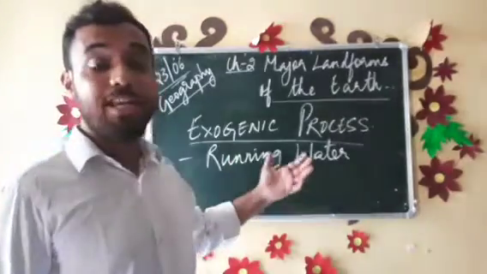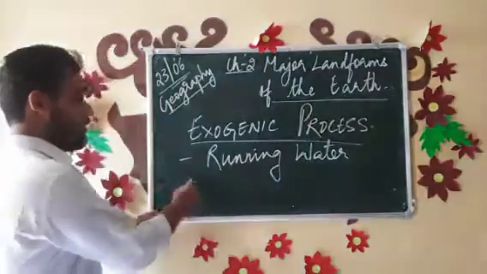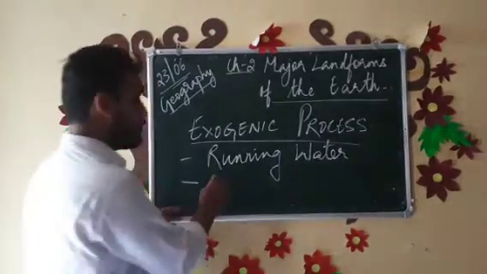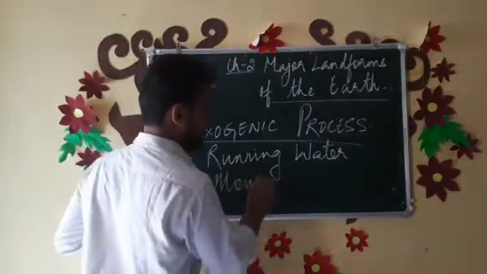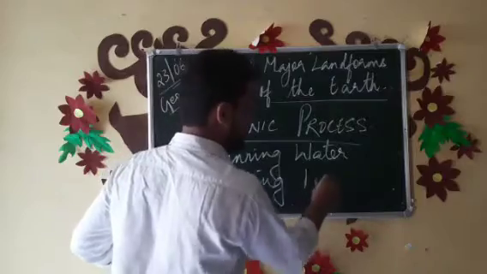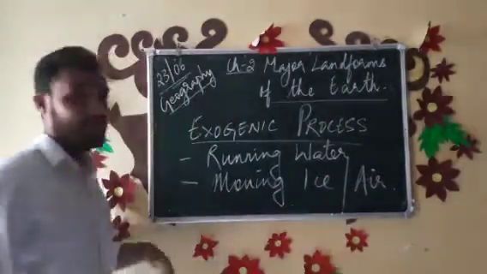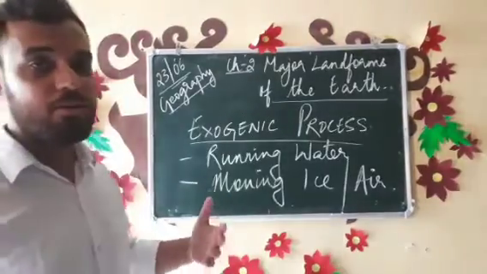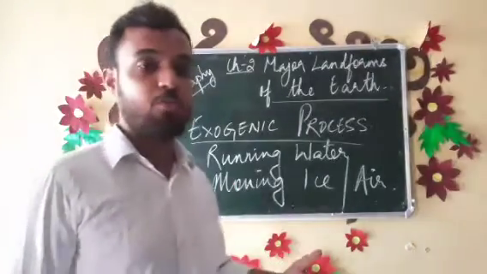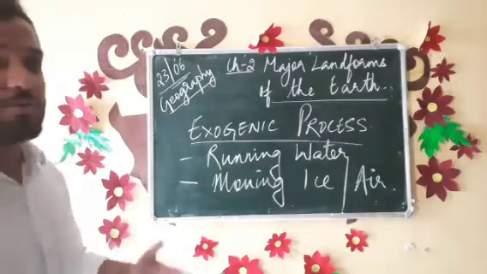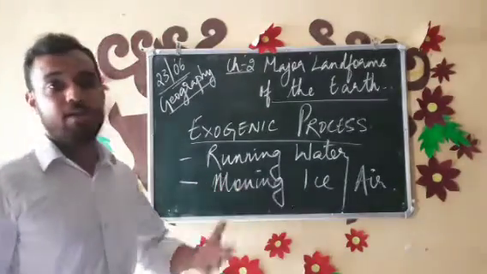It is also called an agent of erosion. Other one, moving ice. Moving ice, air, okay, air, thunderstorm, all these are categorized under air. Thunderstorms, cyclones, typhoons, they all are concerned with water and air.